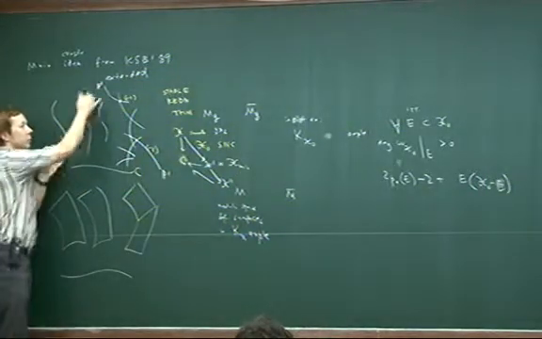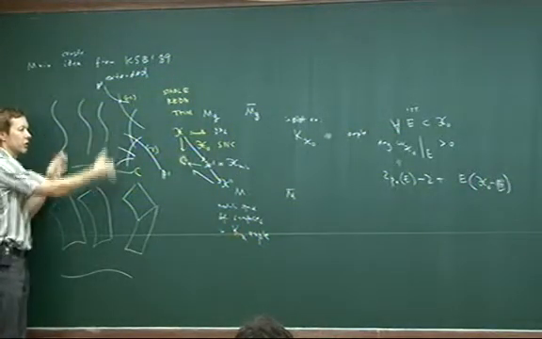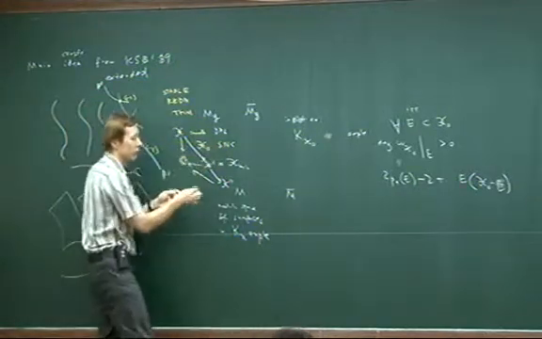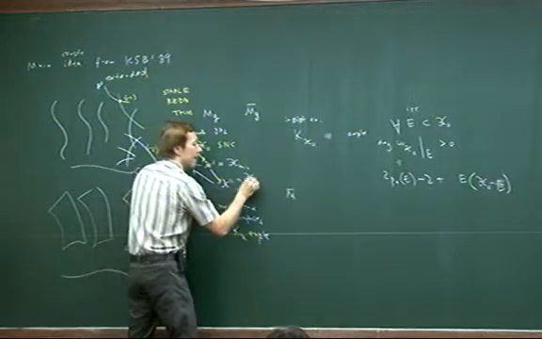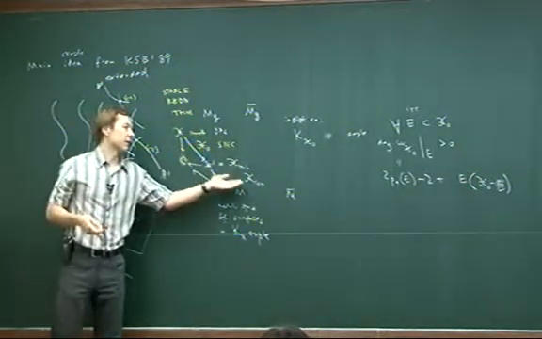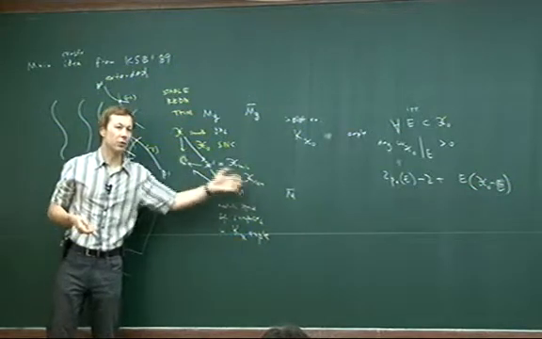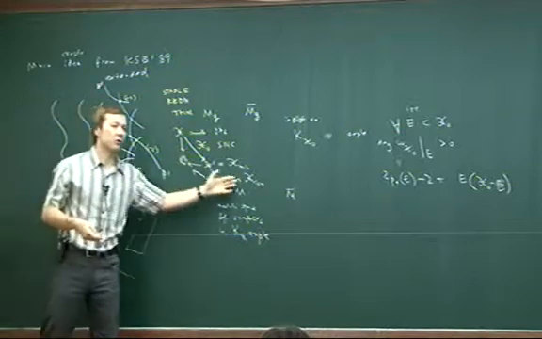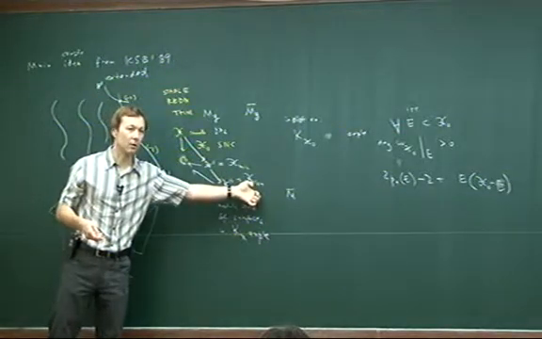And because you only do it in the central fiber, it's a relative minimal model for this morphism. And when you also contract the -2 curves, then that's called the canonical model.